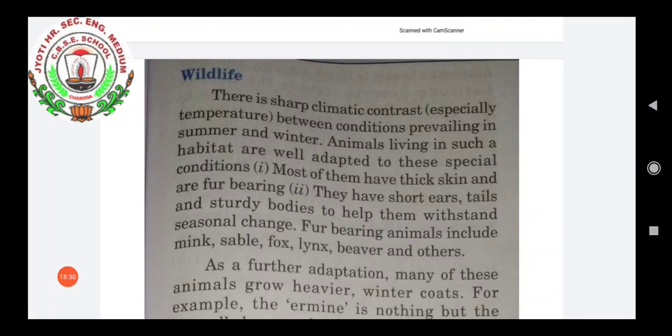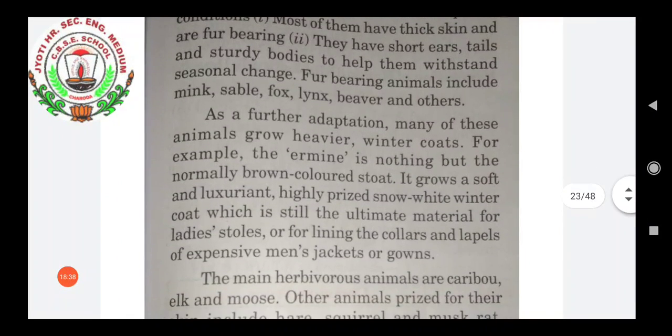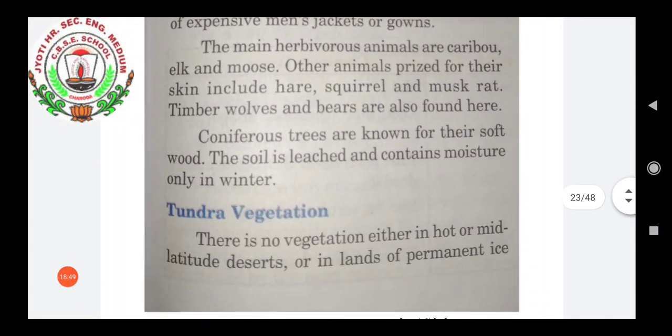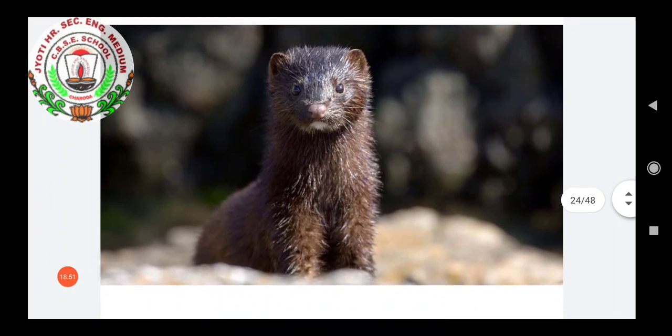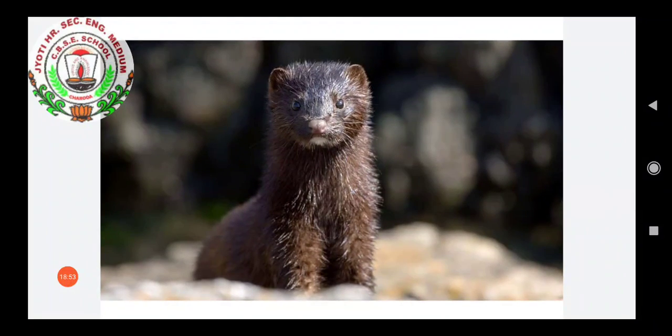First adaptation is that most of the animals have thick skin and fur that can bear the winter or the cold. Second is, they have short ears, tails and sturdy bodies to help them withstand seasonal changes.